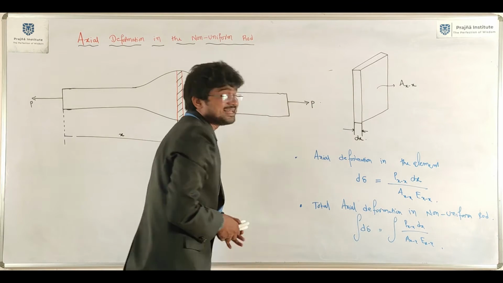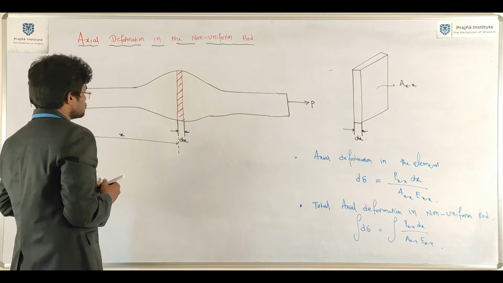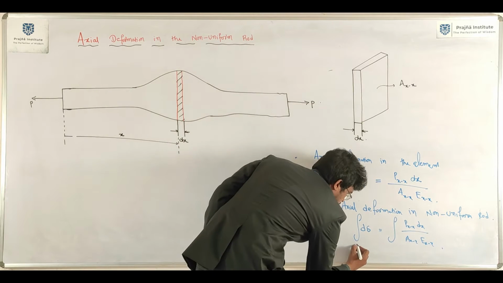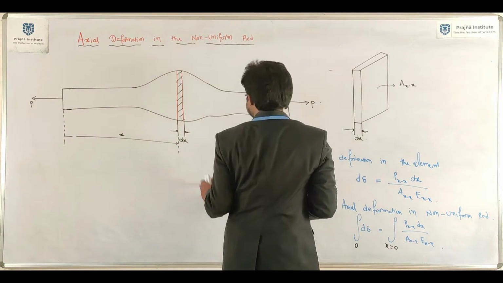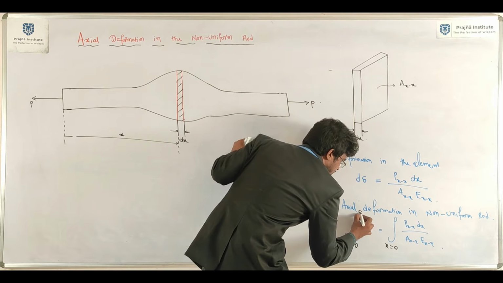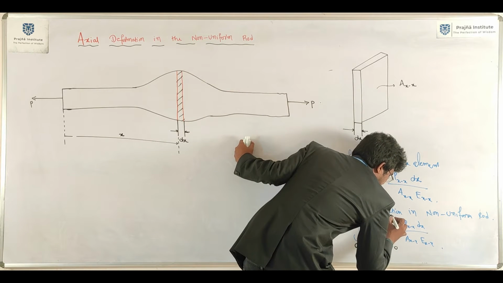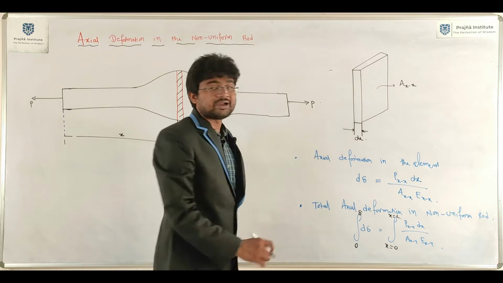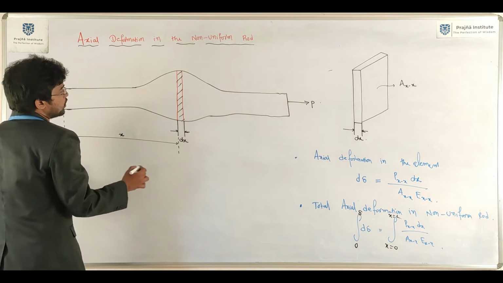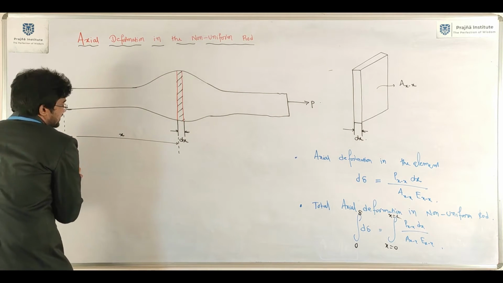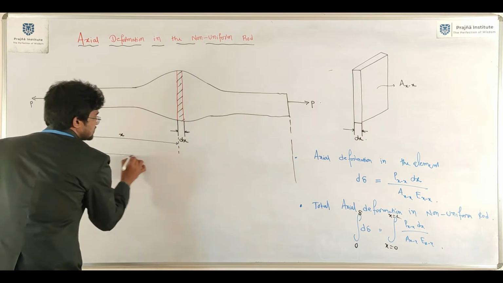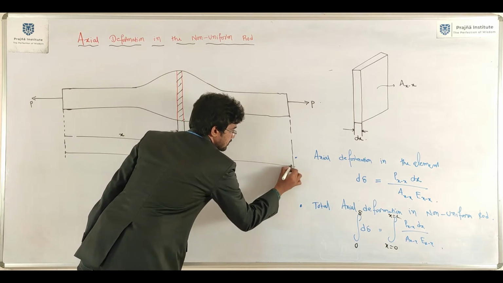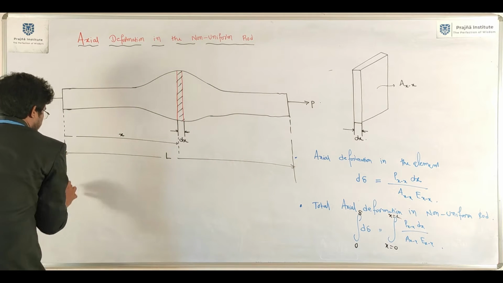Okay, so apply the limits. At x equal to 0, delta equal to 0, and at x equal to L, we get the total delta. We need to integrate from 0 to L. From here to here it is length L.